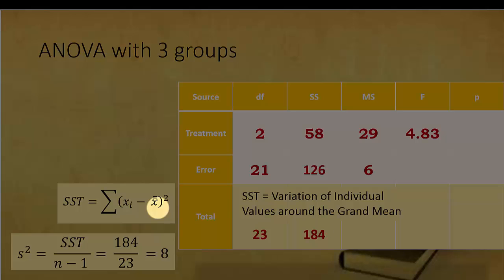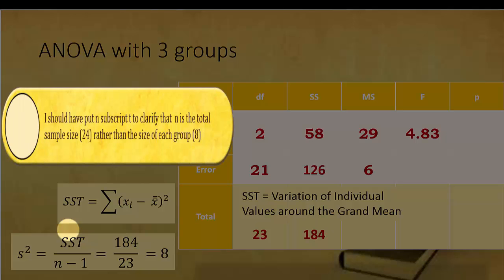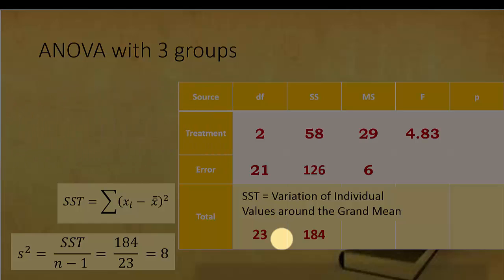That's the mean of the whole group. So if we had all 24 numbers in one column, we would just compute this just like we would any other standard deviation or variance. Then we'll take that sum of squares total divided by the degrees of freedom, n minus 1, which is 23. So 184 divided by 23, that's 8. That's just the variance of the entire data set.